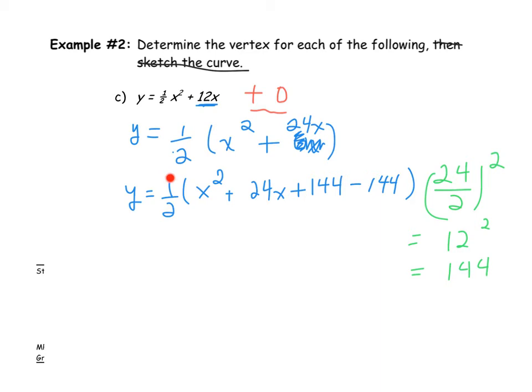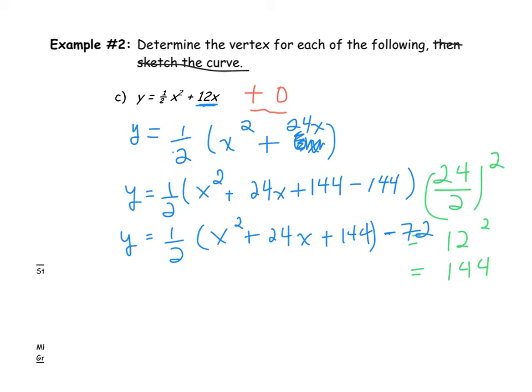So that means I need to multiply it by 1/2, and then that will move it outside of the bracket. And so 1/2 of 144 is 72, so minus 72. And so there I have that.